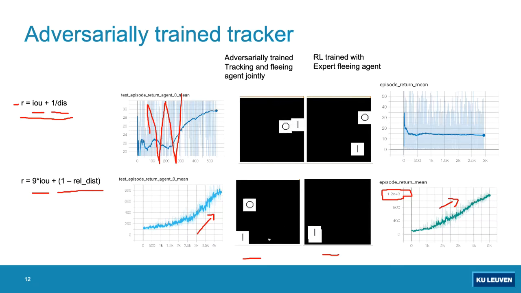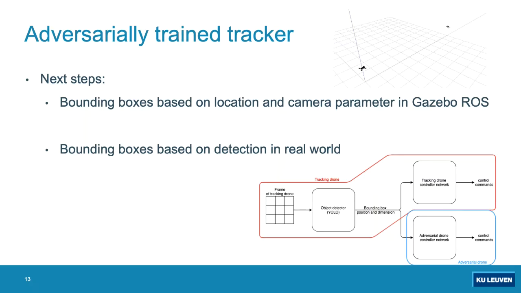And the second step is going to the real world, where we can use any object detector, either for following a drone or for following a human. As we give it a certain detector, the control is trained based on the bounding boxes. Oh yeah, maybe to give an idea, because you see the bounding boxes, you get the frame from the tracking drone.